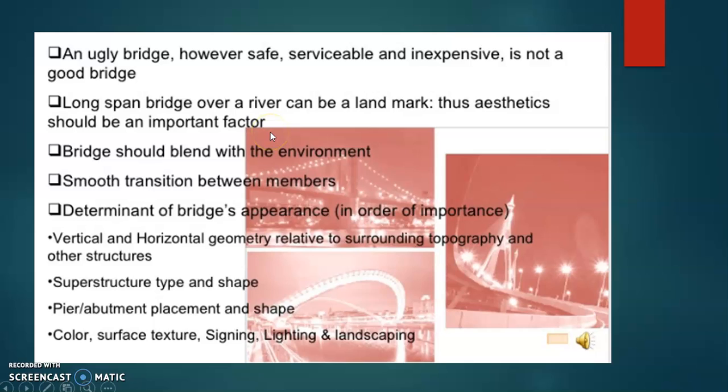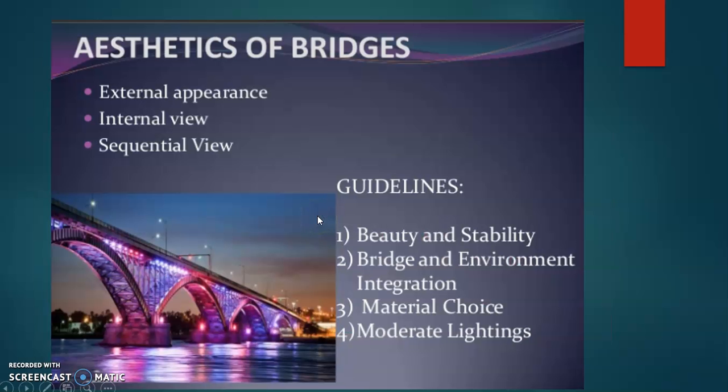At the same time, the most important thing that we need to cover is the function of the bridge. The bridge should blend with the environment. The smooth transition between members is a determinant of the bridge's appearance, in order of importance. So the aesthetic of bridges is very important: the external appearance, internal view, sequential view, beauty and stability, bridge and environment integration, material choice, and moderate lighting.